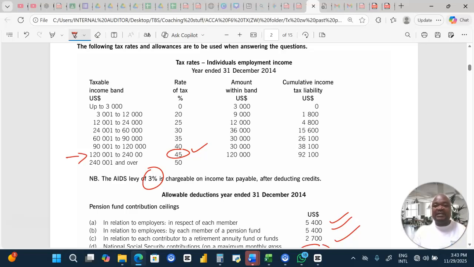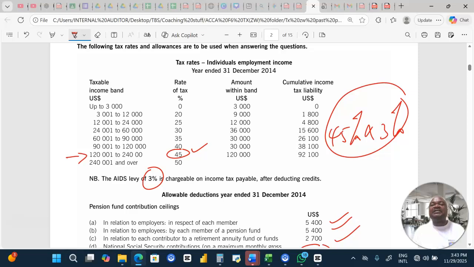It's 45% multiplied by 3%. This gives us the amount of the AIDS levy payable. But when you want to combine this, it should be 45% multiplied by 1.03, and this will give you the shortcut you need.